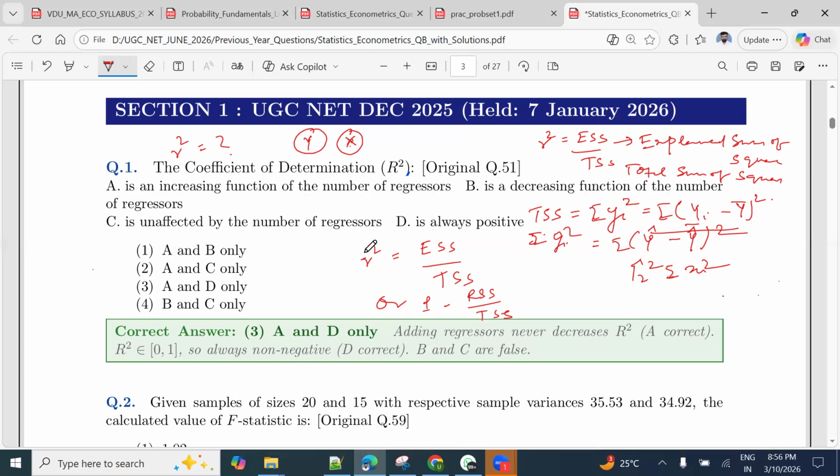So simply, if this R square is increasing, then it is good. It means the model is a good fit, right? But there are some complications regarding R square interpretation that we will discuss later on. But right now, at this point, you should know how our ESS will increase. Chinmay?